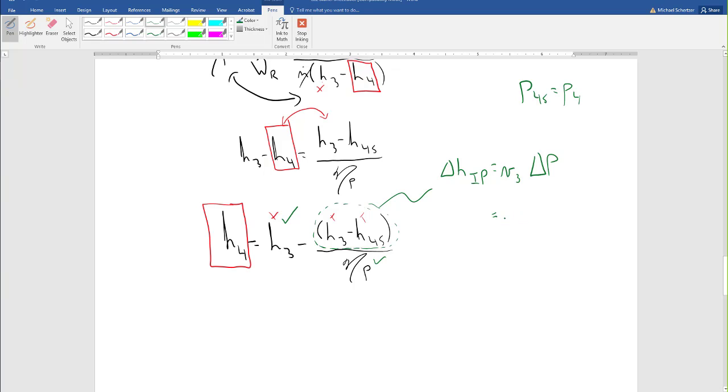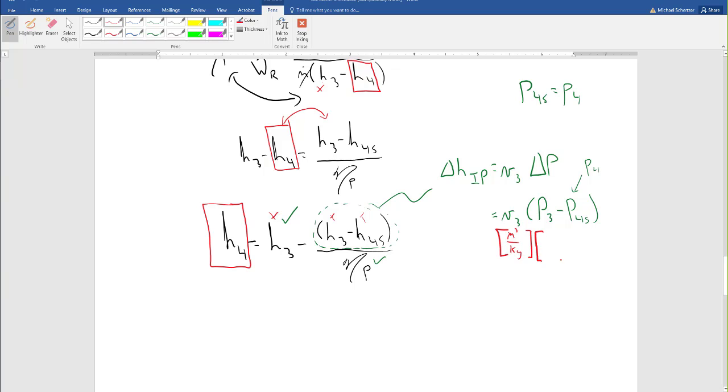So here, we're going to want the specific volume at state 3 times P3 minus P4S, which is the same thing as P4. I'm just going to do a quick check here of my units. Specific volume, it's been a little while since we talked too much about specific volume, but this is in meters cubed per kilogram.